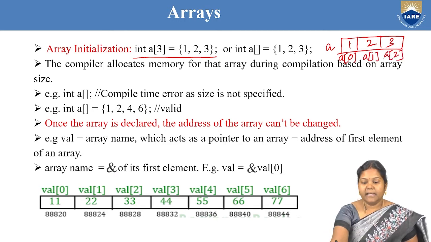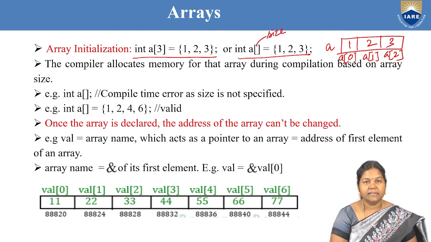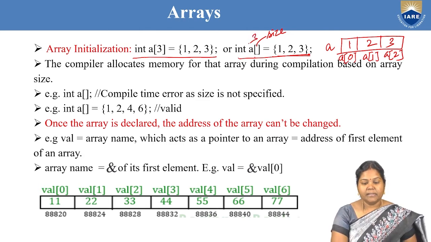Normally we write the array size, but if you do not specify the size and you are initializing some values, then the size will be taken automatically. Here the compiler automatically takes the size of the array as 3. So, both ways you can initialize an array with some values, by mentioning its size or without mentioning its size. The compiler allocates memory for that array during compilation based on the array size.